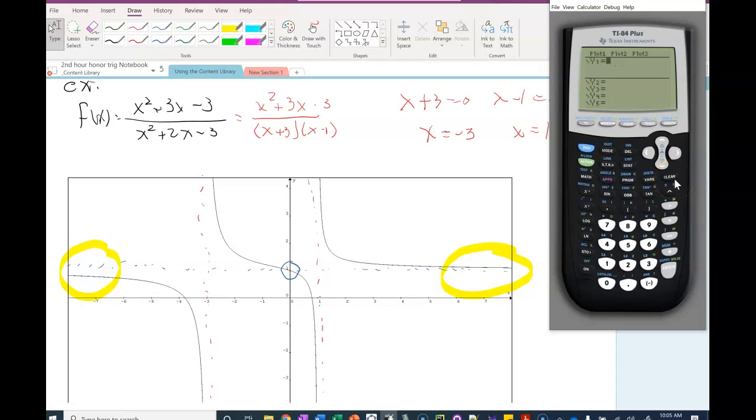So I'll go back into the y equals. I'm going to clear this out. And this time, let's do 3x divided by x plus 1. I'm not going to bother to change the window because the only thing about this value command that I've been using is the point that I'm looking for has to be in the viewing window.